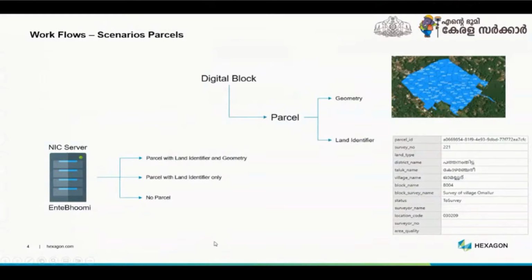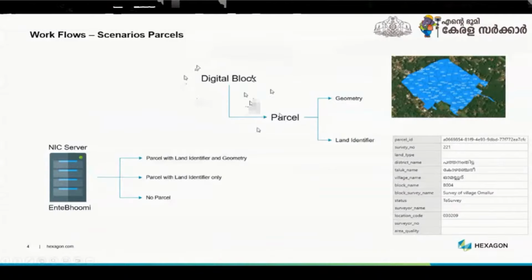Now let us come to certain workflows and some scenarios. Workflow is typically a development terminology, but it is basically okay. We all understood as of yesterday that there is a digital block going to be created.